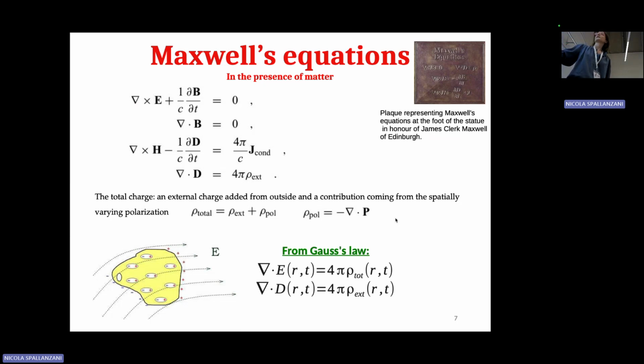And we have to take into account the fact that the total charge is given by the composition of two terms, the external charge plus an induced charge. And these two quantities, the total charge and the external charge, are related to the electric field and to the displacement field by the Gauss law.